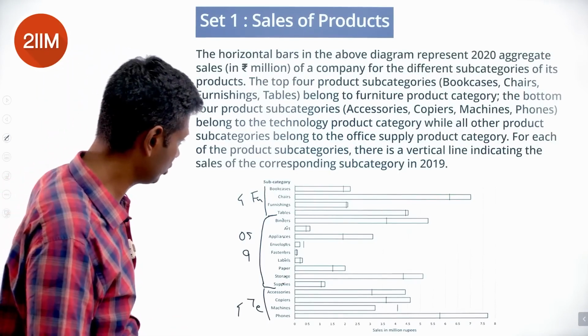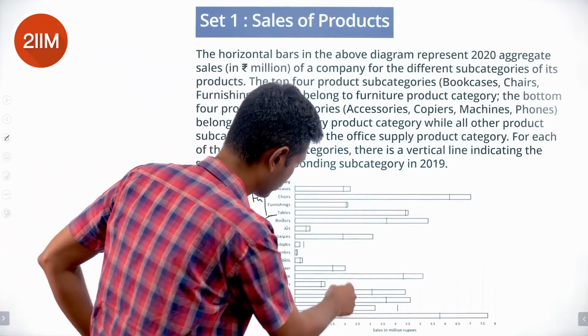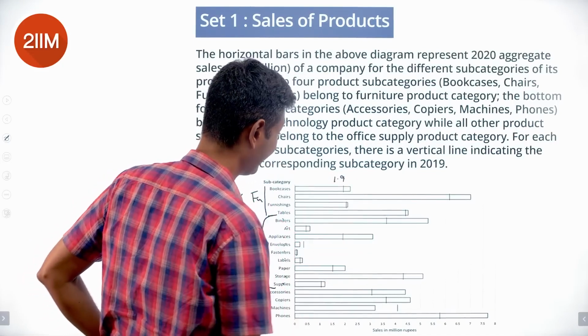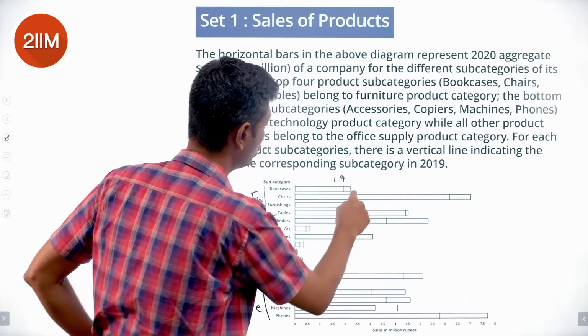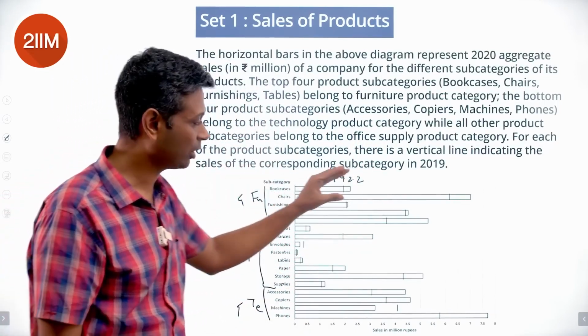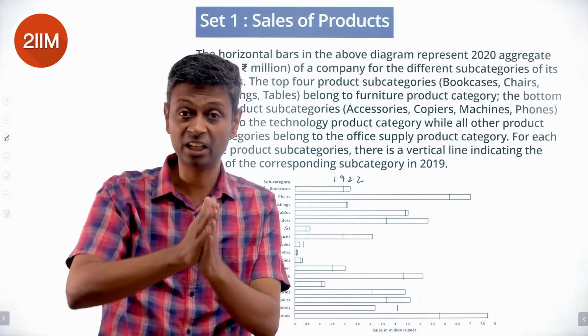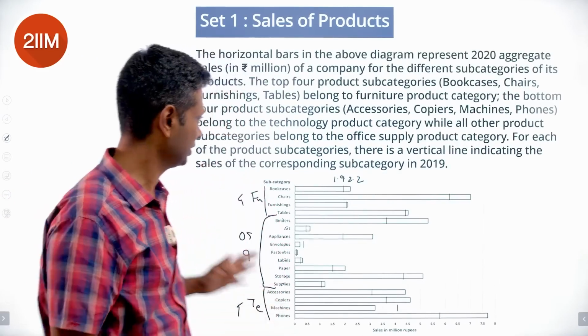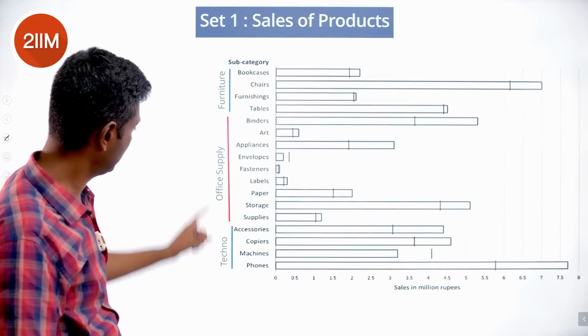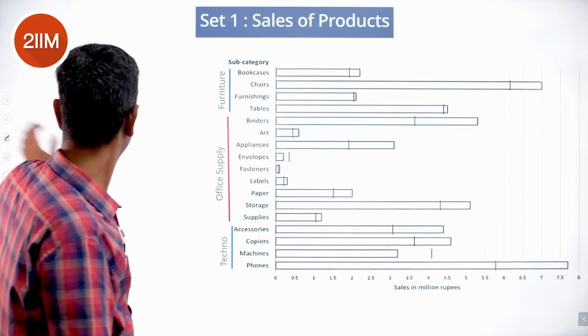So bookcases had, say, 1.9 in 2019 and 2.2 in 2020. The bar represents 2020 numbers, the line represents 2019 numbers. Lovely. Furniture, office supply, technology. Let's jump in.